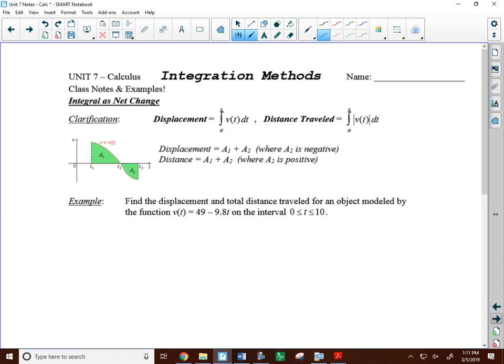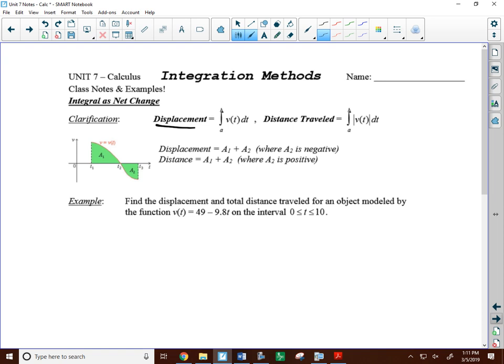Now, I want to review displacement. Remember that concept? I walk forward 3 steps, and I walk backwards 1 step, so my displacement is 2. Because I went forward 3, backwards 1, from the original starting point, start to end, I went 2.